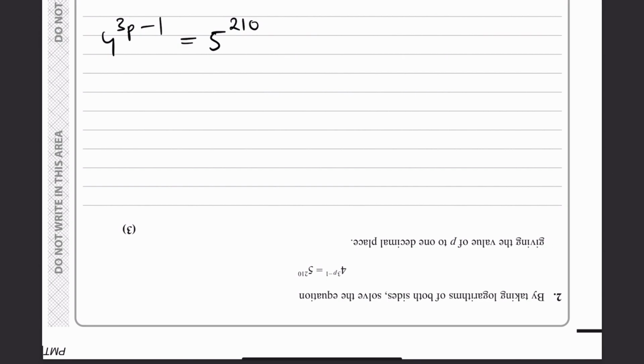So I think if I take log base 5 of both sides, then I'm going to end up getting this, which isn't really going to help me solve for p, but it is going to let me get rid of this. So it's going to let me just put that equal to that. And then, how am I meant to solve it from here?